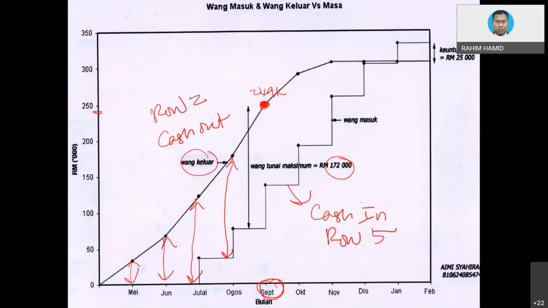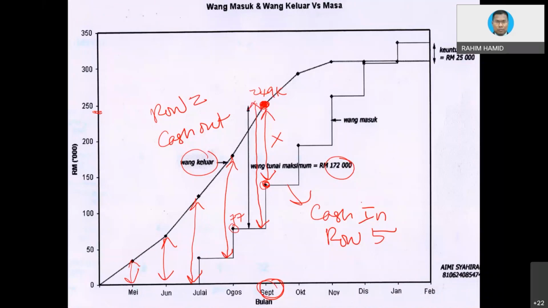We do not deduct with this point. If you deduct with this point on the same end of September, it's wrong, because you can see the cash required is not that much, but you have to deduct from the previous month. So 77 is here. That is the right concept.